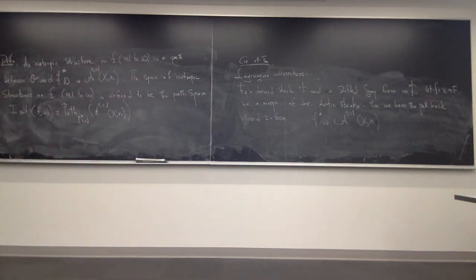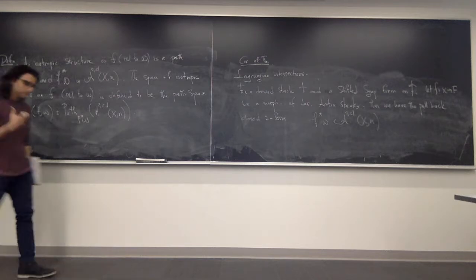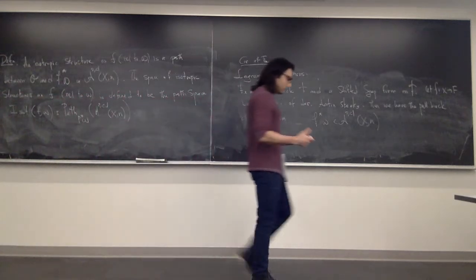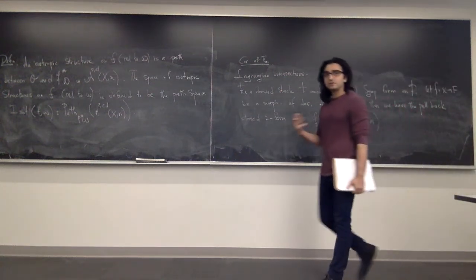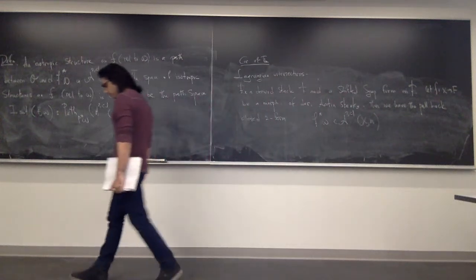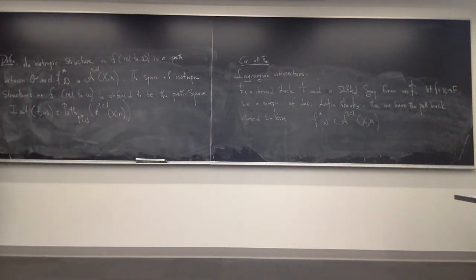So what is a Lagrangian structure? Think about it this way. If you have a Lagrangian submanifold, the holomorphic symplectic form in manifold theory vanishes on it. Right? This is the homotopical version of that.